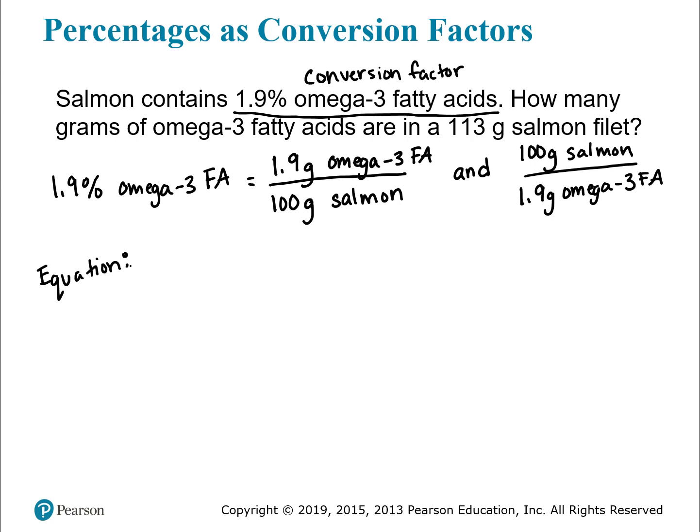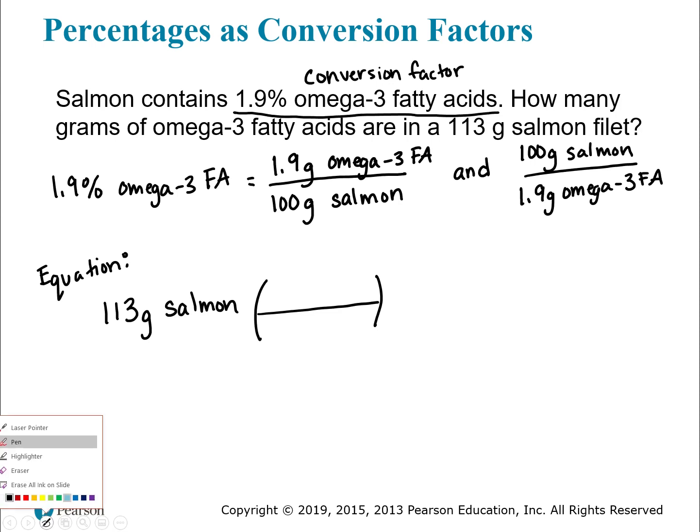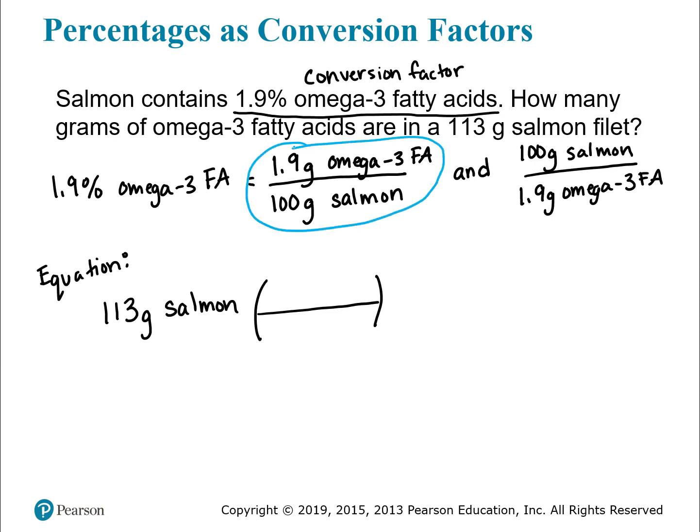Yep, that's exactly where we're going. We've got 113 grams of salmon, and we need to figure out what that means in terms of omega-3s. We need to cancel out the grams of salmon, so we'll go with this first one.